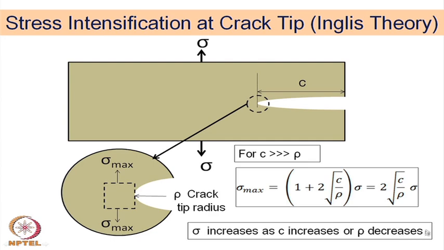So, this is very important for us, because if you have a sharp tip there, the stress experienced by that sharp tip is much larger. So, there is a multiplying action or multiplying situation. So, that is what we call the stress intensification at the crack tip. Here of course, there will be no multiplication, because it is a flatter region.